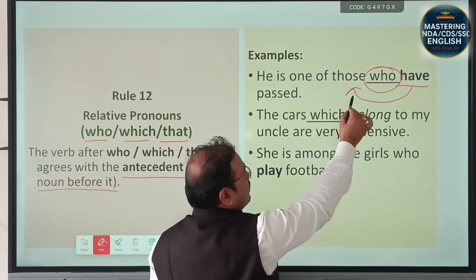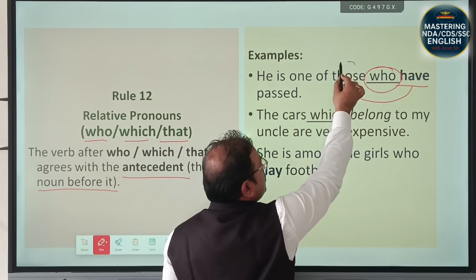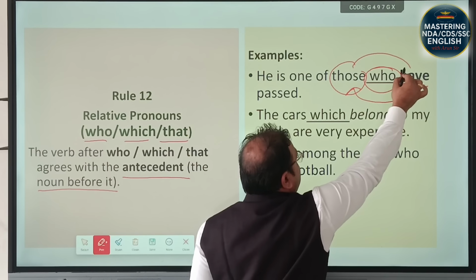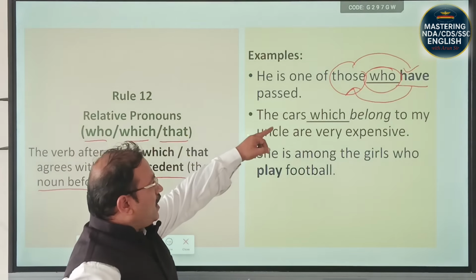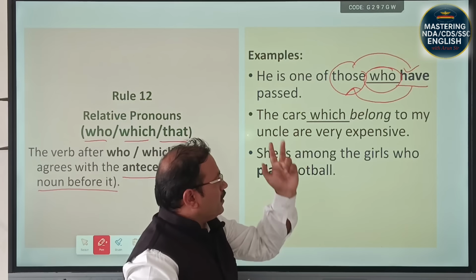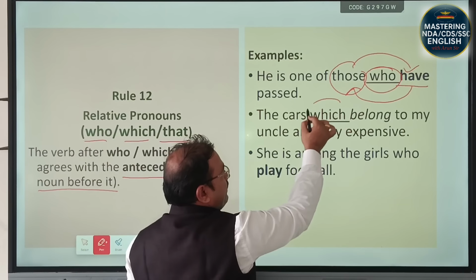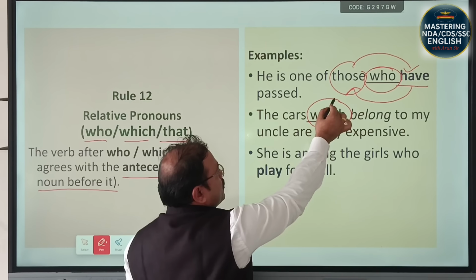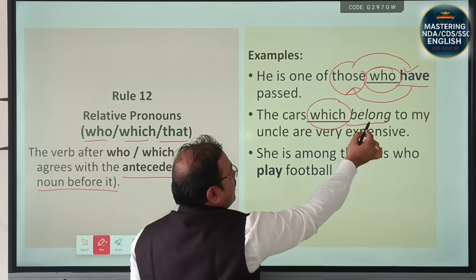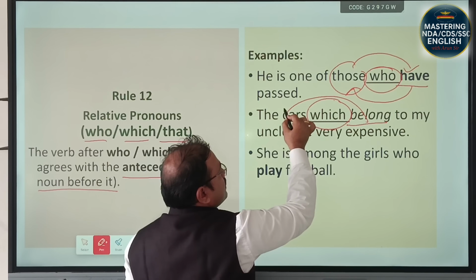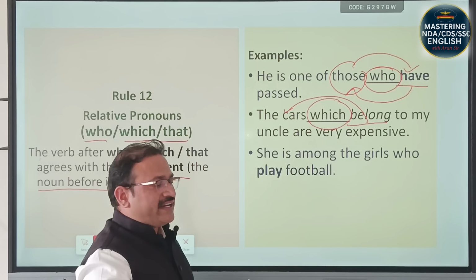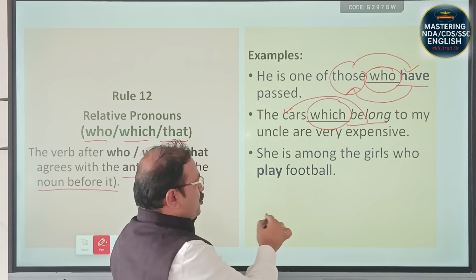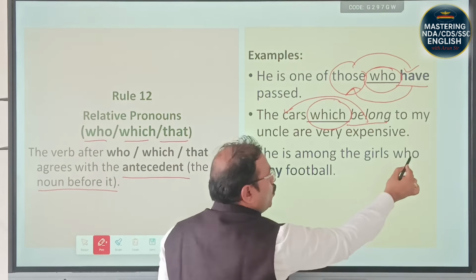The verb agrees with the antecedent. Here those is plural, so we are using have. The cars which belong, which relative pronoun? So this verb will agree with the subject, which is antecedent coming just before this relative pronoun. She is among the girls who.